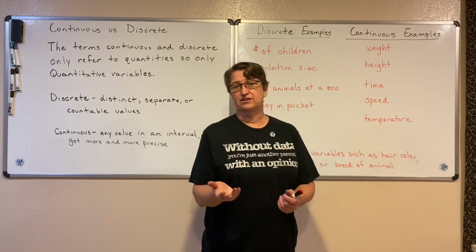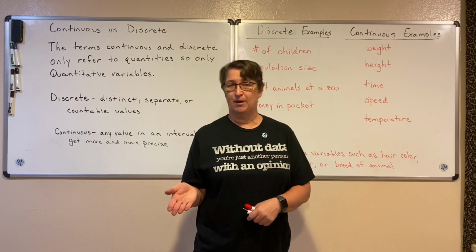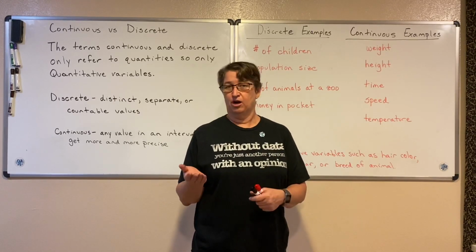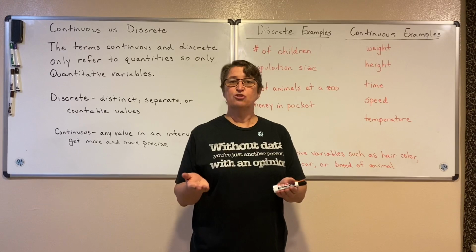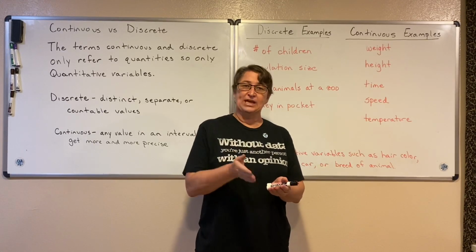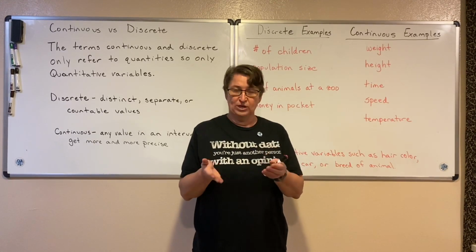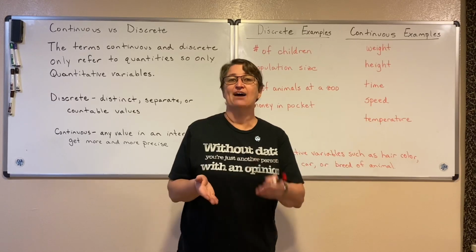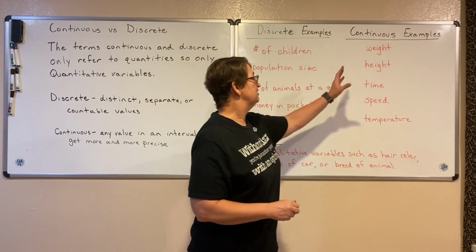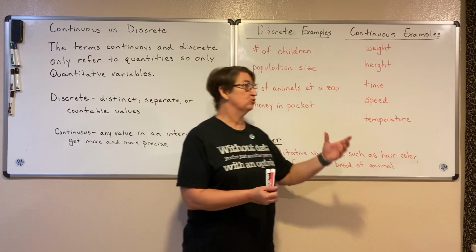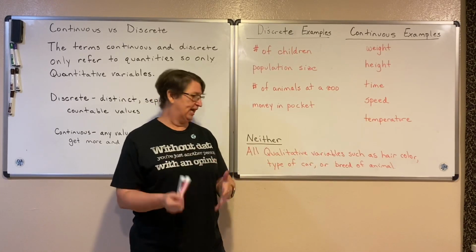If someone weighed 160 pounds and someone else weighed 161 pounds, there's someone out there in between those two, at 160.5 pounds. So continuous is more and more precision, whereas discrete is very countable.